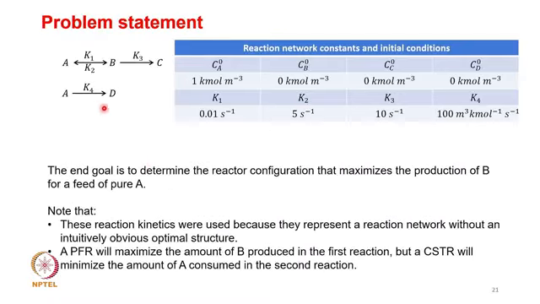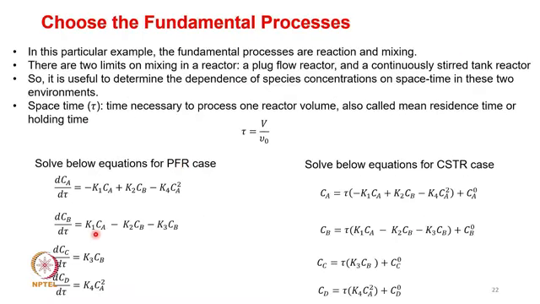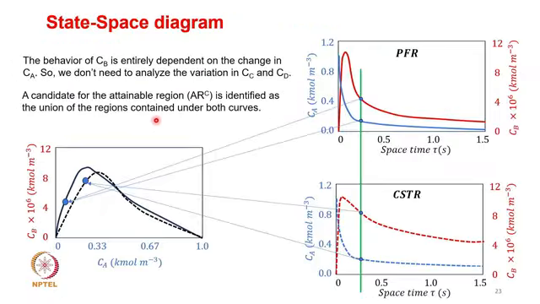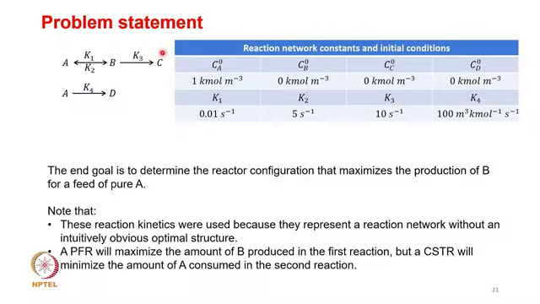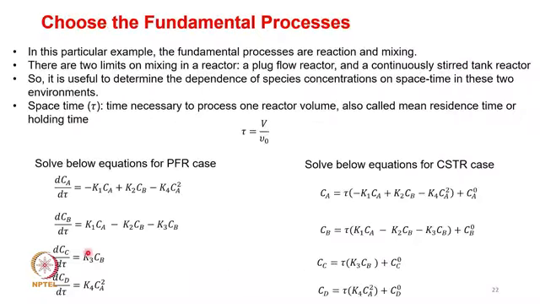Now coming to the second case, dCb by d tau is k1 times Ca minus k2 times Cb, this is the addition, and minus k3 times Cb. Which essentially means you are generating the product C, so dCc by d tau is k3 times Cb only generation, and dCd by d tau is k4 times Ca square.